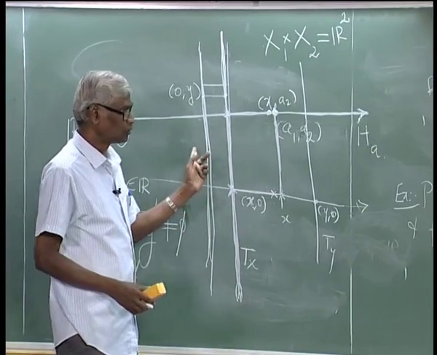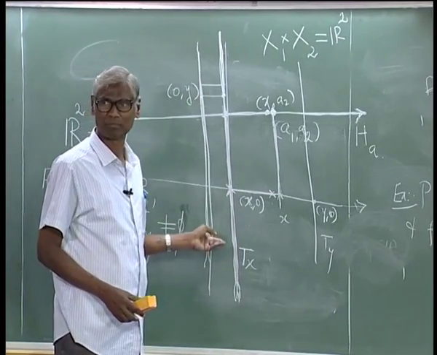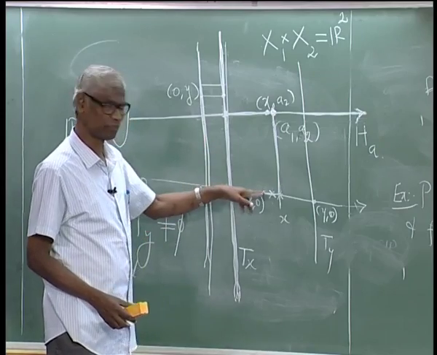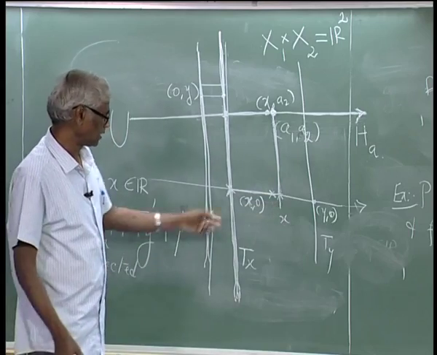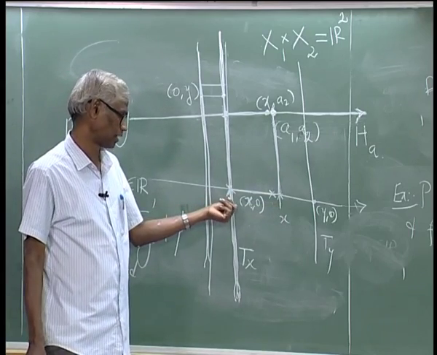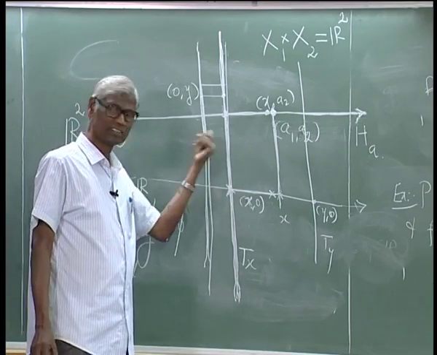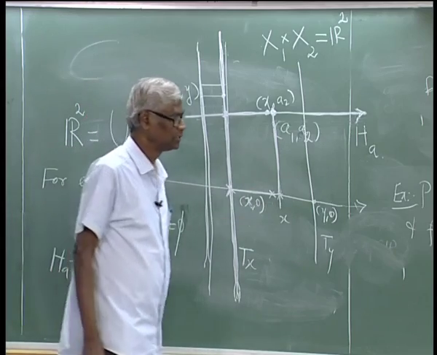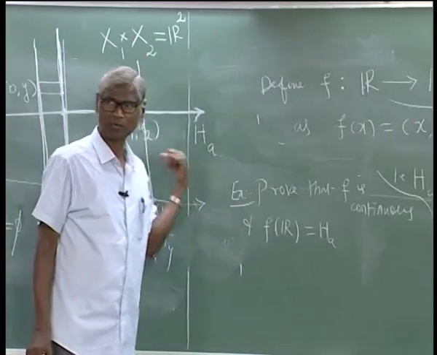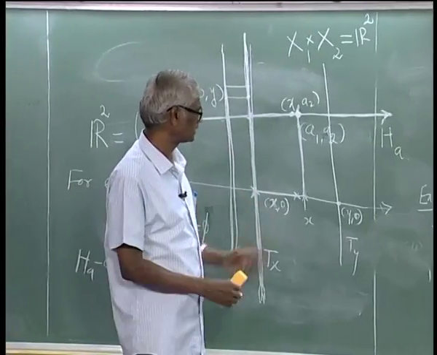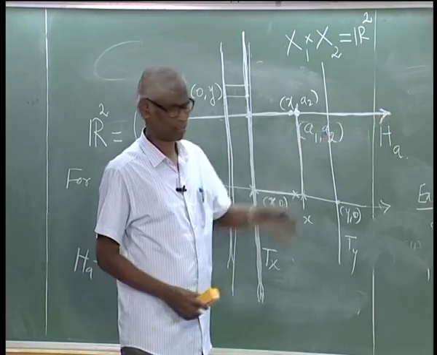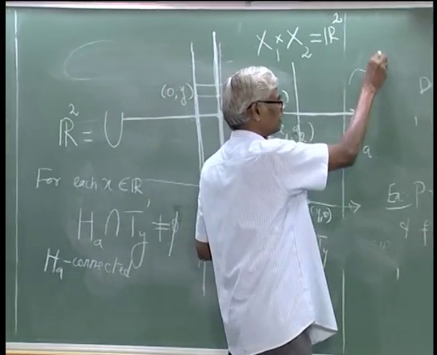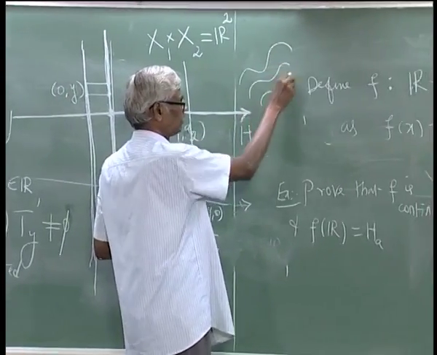Again, the y axis is connected, meaning again we define a map from R to the y axis, and the continuous image of R, the x axis, equals the y axis, and that is continuous, implying the y axis is connected. In other words, any vertical line, any line will be connected, even any curve. So all these things are connected.